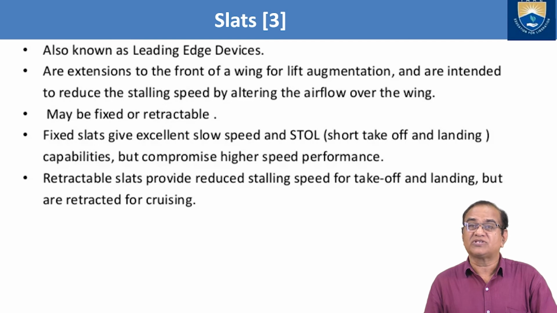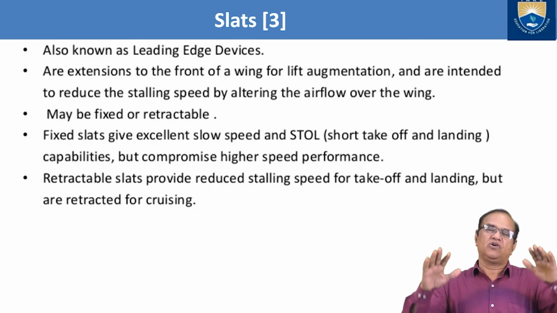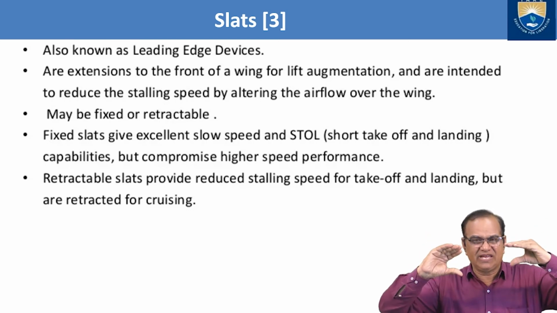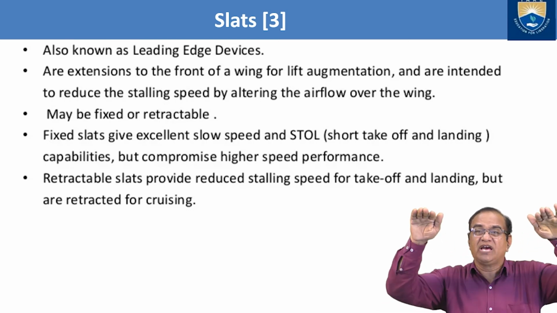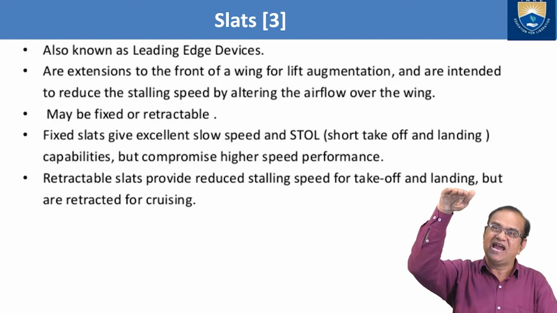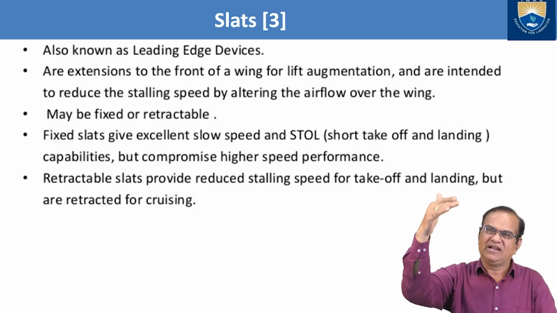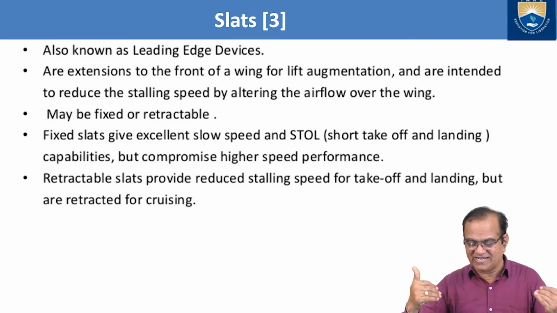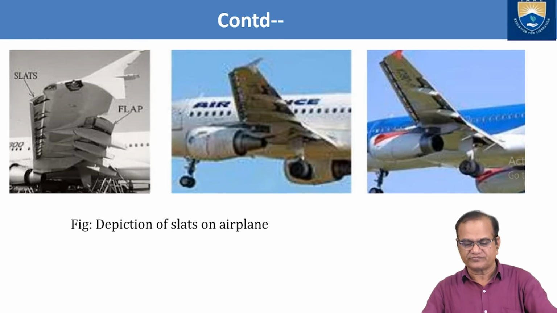So especially during takeoff and landing, we extend them. But as and when you reach cruise speed, after a certain time following takeoff, we have to retract them and fix them inside the wing as per the requirement.